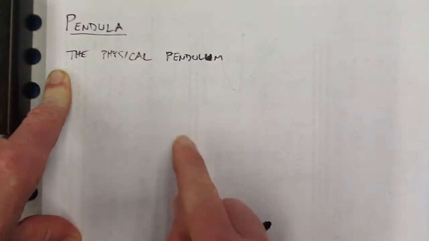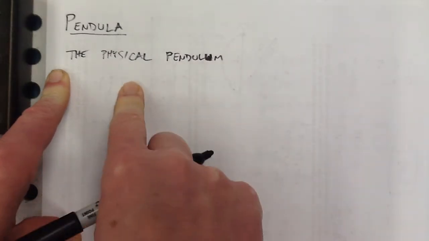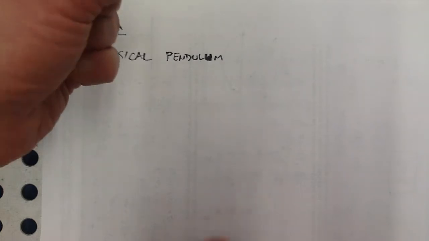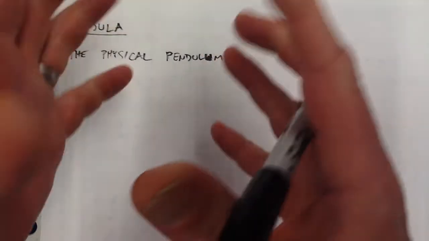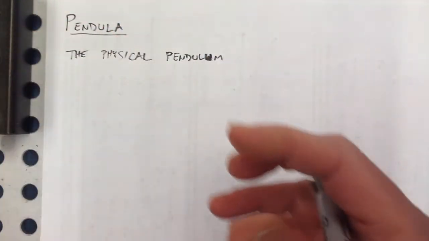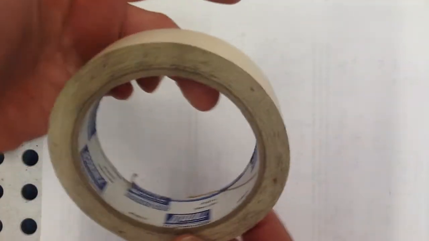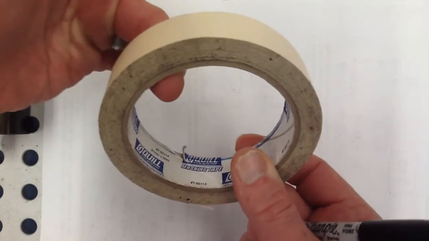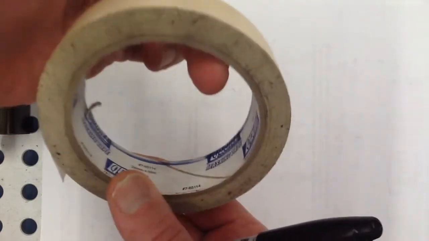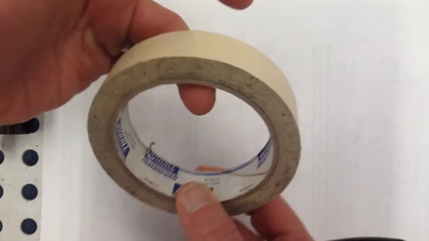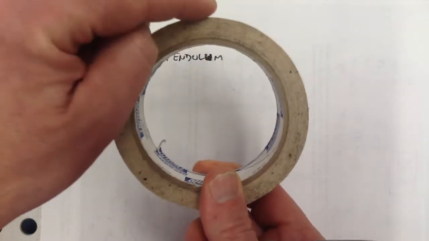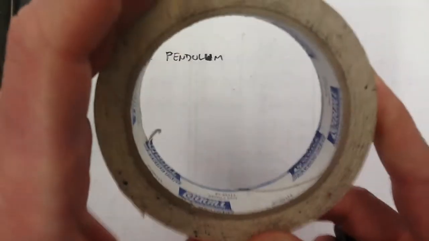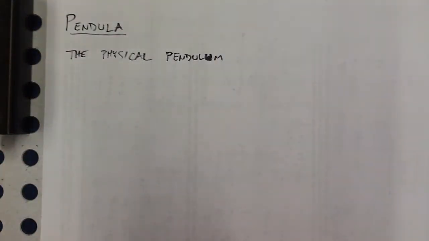The physical pendulum is something that, instead of being a string with all the mass at the very end, is some kind of physical object that can swing back and forth. So for example, if you put this on a nail or something like that and you gave it a little displacement off to the side, it would rock back and forth like this. This is a physical pendulum. A simple pendulum is the string with all the mass at the very end. But we're going to start with this more complicated example.